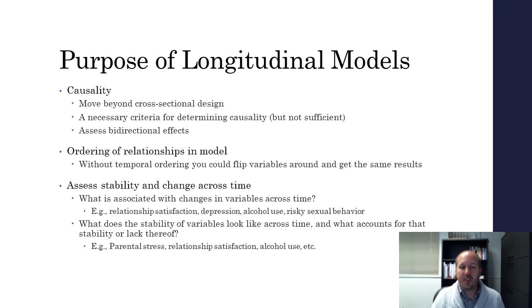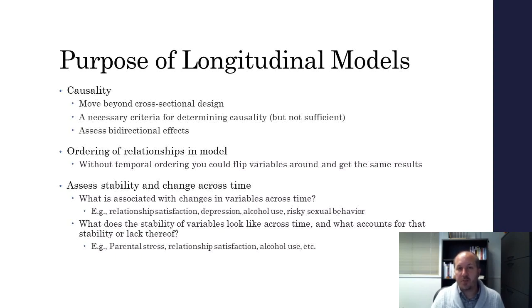What does the stability of variables look like across time? In autoregressive models, we're really looking at stability of variables across time. In latent growth curve, we're looking at trajectory and changes in variables across time, and what kind of covariates, or in other words, what kind of other variables account for changes, either instability or changes in trajectory across time.